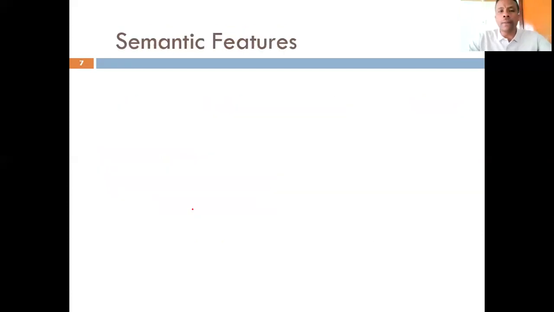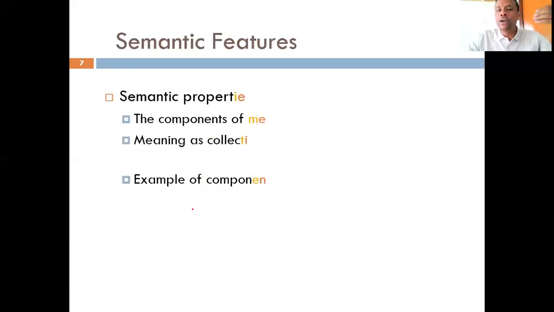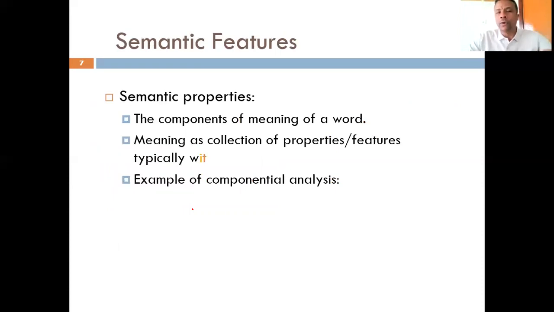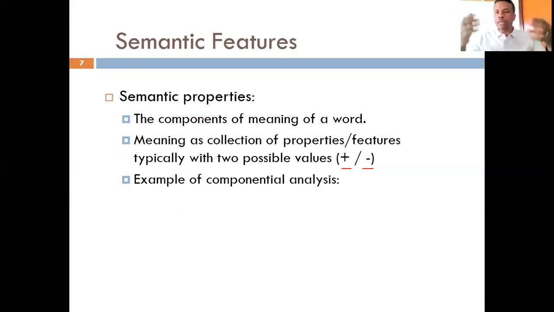What we call a semantic feature is representing meaning, or representing semantics, by using the possible values of plus and minus. In a word, beyond the dictionary meaning, there are many semantic features that can be associated with it. Semantics is a component of the meaning of the word.